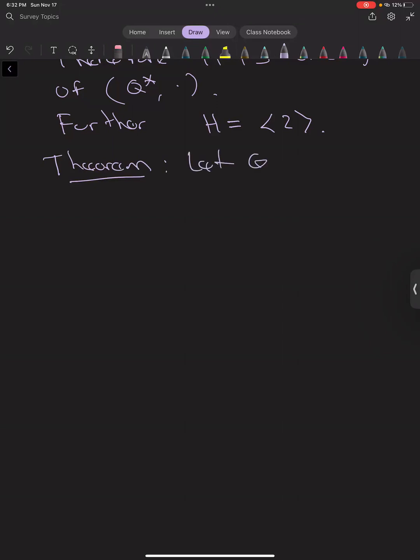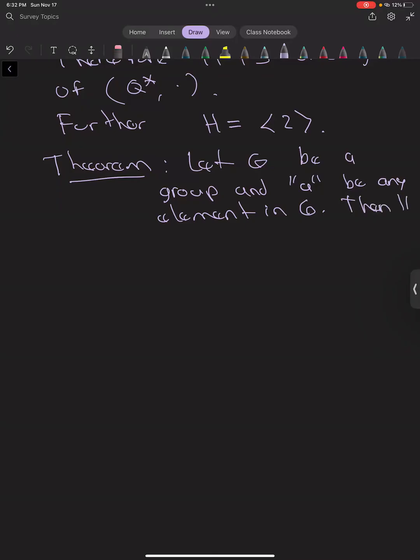Let G be a group and A be any element in G. Then the set is a subgroup of G.